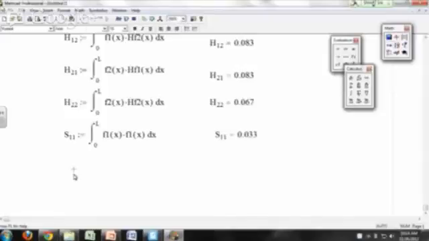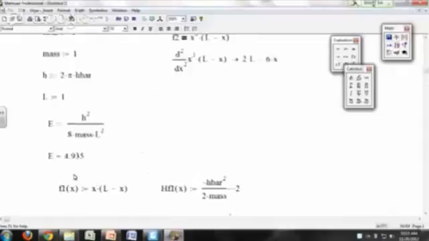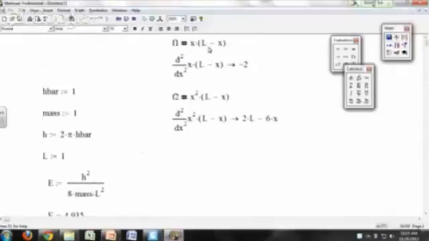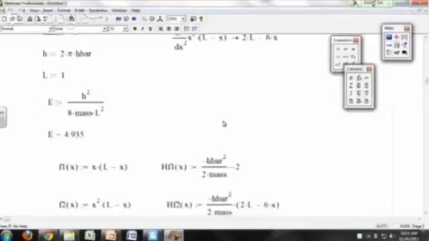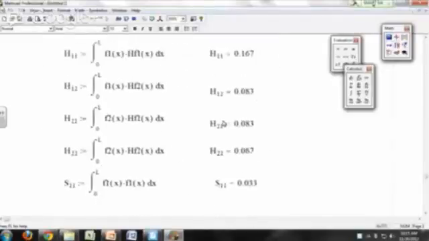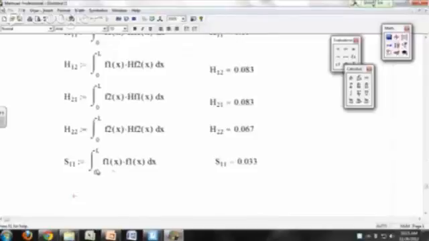Okay, you might be asking, why isn't that equal to 1? It doesn't have to be. We did not define these to be normalized wave functions. So if you see this integral, f1 of x times f1 of x dx from 0 to L, that's not necessarily going to be equal to 1 if the functions you're using are not normalized. So obviously here it's not normalized.